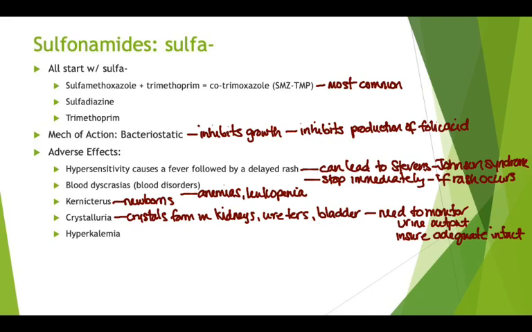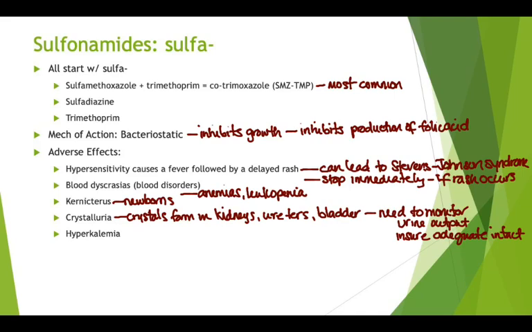So if you start to see a rash, a general rash with the sulfa drugs, you should stop it immediately and let your prescriber know, so that it can be tested to make sure that it's not leading to Stevens-Johnson syndrome.